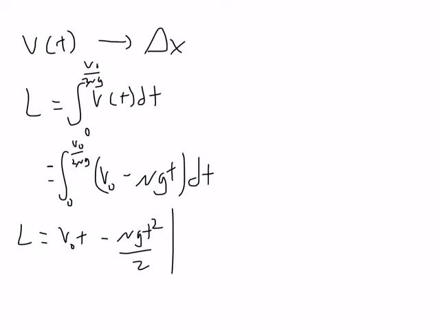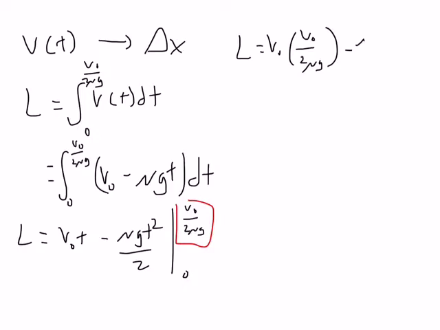Right, and then we evaluate this at 0 and v naught over 2 mu g. So when t equals 0, we're just going to get 0. So all we care about is this endpoint. So we plug that in. So v naught over 2 mu g minus mu g times v naught over 2 mu g squared over 2.